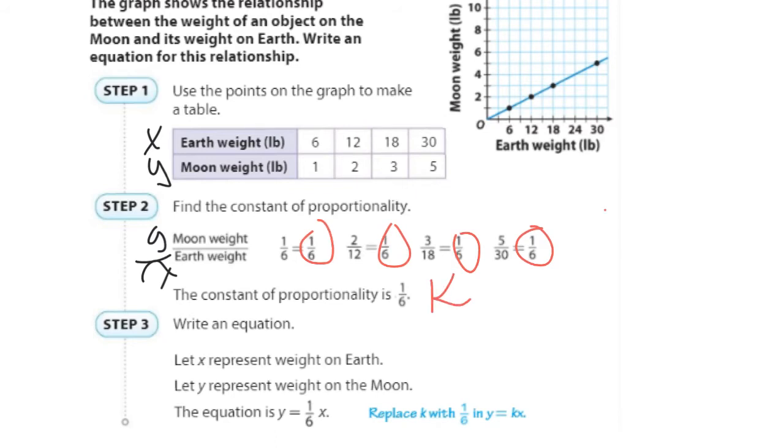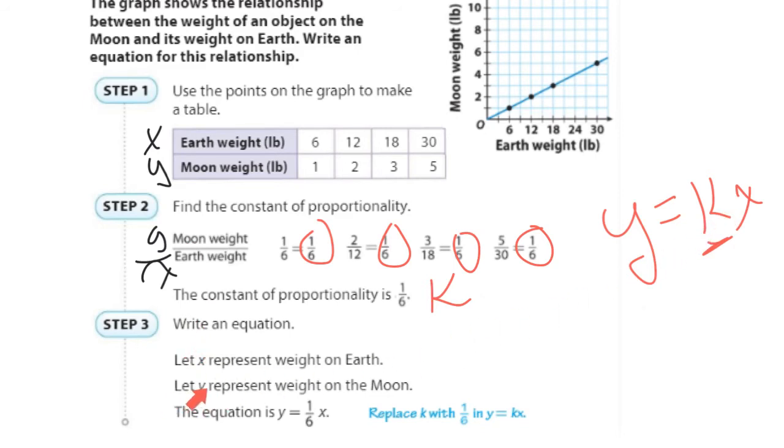Keep in mind that the equation you're looking at is y equals kx. So you need to find the K. K is 1/6. So here's your equation. You have to say what the x represents, because no place else on this problem do you know what the x represents, and yet we're going to use x as part of our answer.